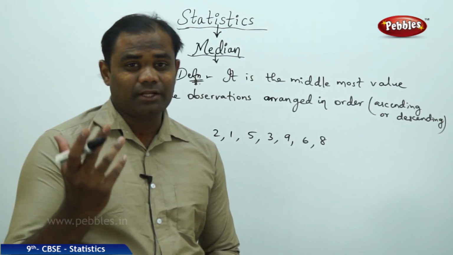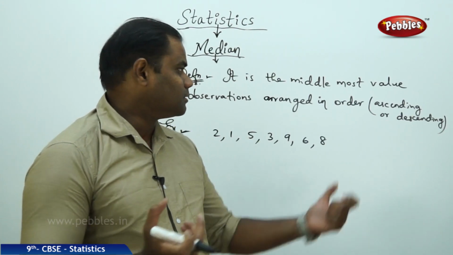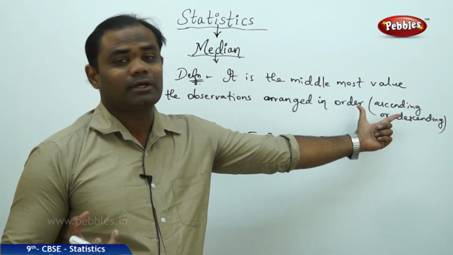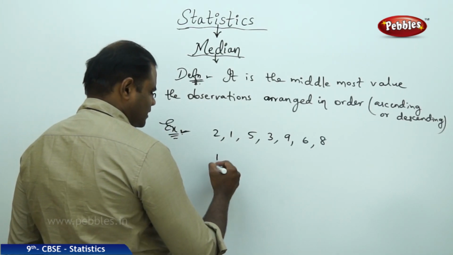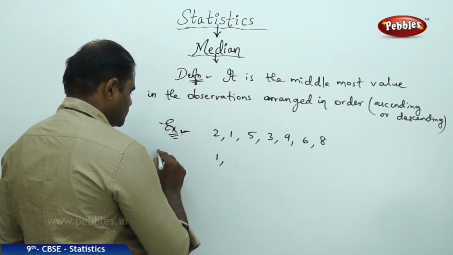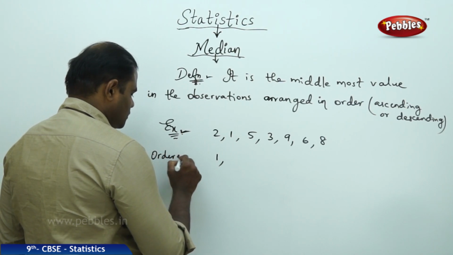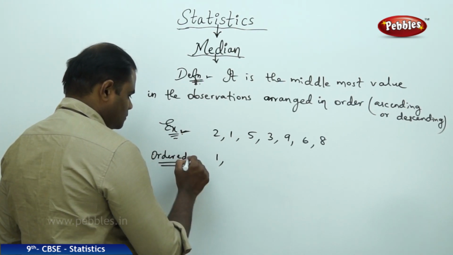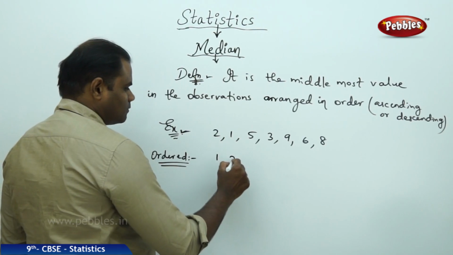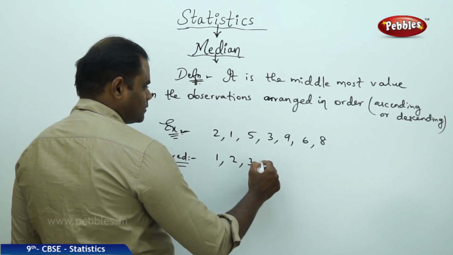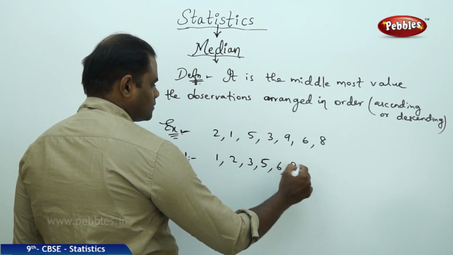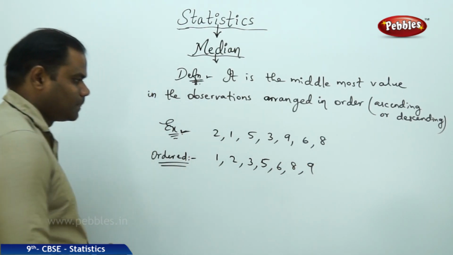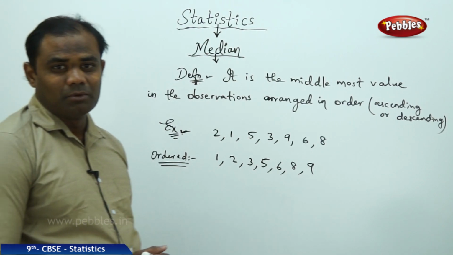So the first thing I do in order to identify median is arrange in ascending or descending order. So let me arrange in ascending order. So when I order it: 1, 2, 3, 5, 6, 8, 9.